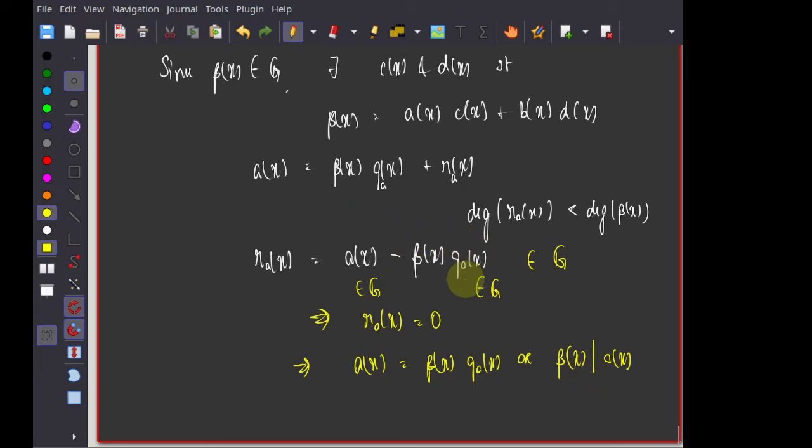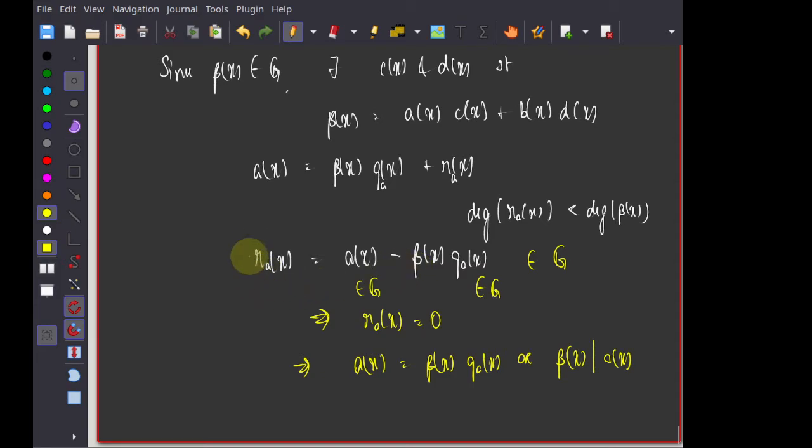So beta of x is the polynomial of the lowest degree, correct? And we know that Ra of x is also in G, correct? So the degree of Ra of x is strictly less than the degree of beta of x. But we assumed that beta of x has the least degree, so that's a contradiction.